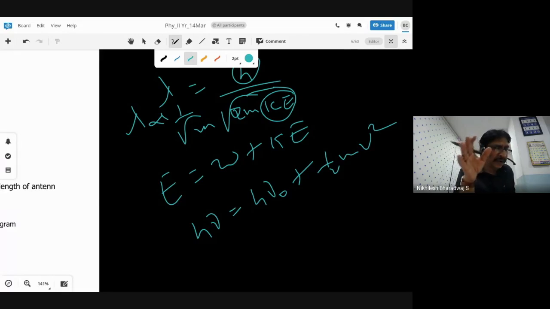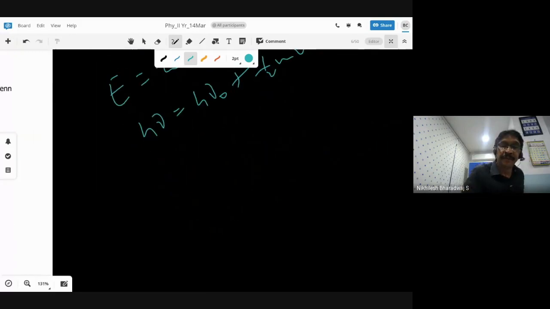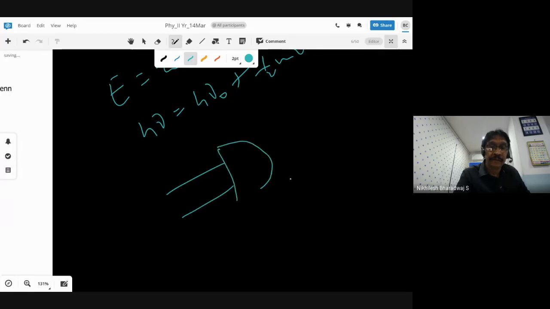Symbol and truth table of AND gate you can write. What is AND gate? This is the AND gate symbol.